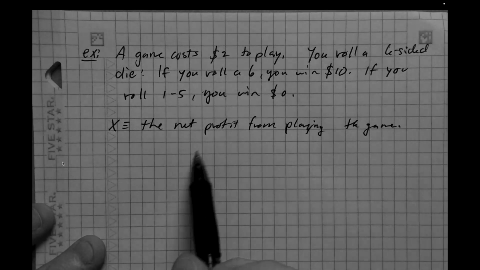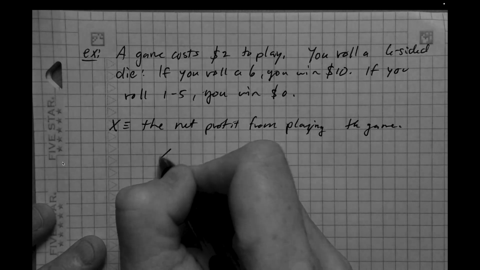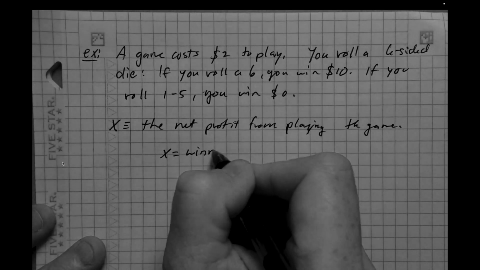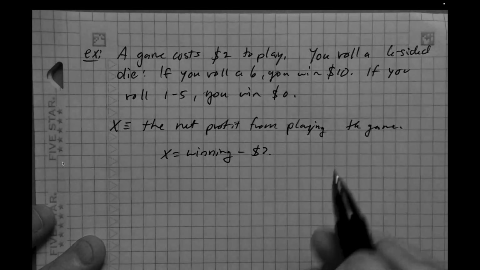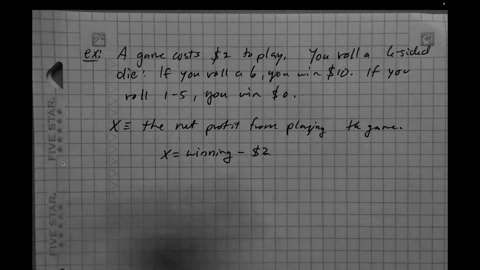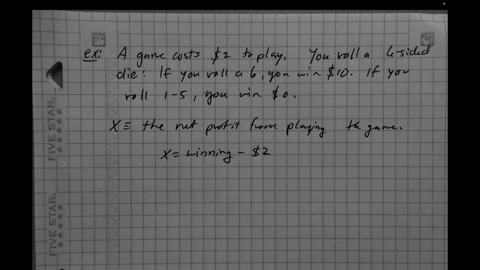Well, basically, x is equal to the winnings minus the $2. I've got to pay $2 every time I roll the die. I could win or I could not win. X is the difference between those two. So it's the net profit.